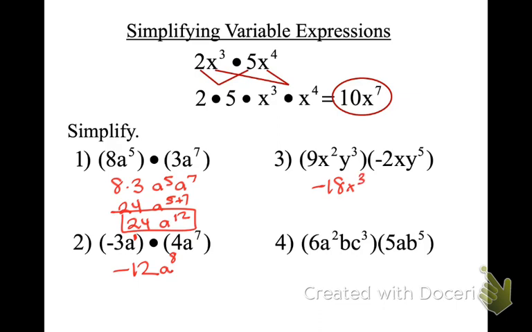Oh, yeah, I read that wrong. One more time, read it correctly. Negative 18x to the third, y to the 8th. Y to the 8th, good. Number 4, how about Carter? I got 30 a to the 3rd, b to the 6th, c to the 3rd. Good. Okay, questions?